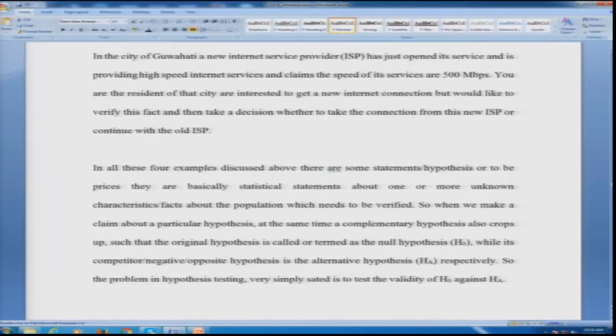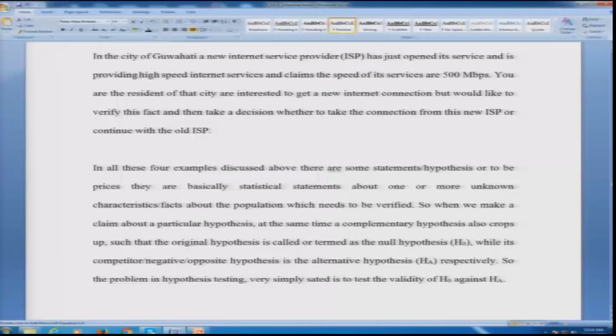When we make a claim about a particular hypothesis, at the same time a complementary hypothesis also crops up, which will be the other part. So, if you believe statement 1, the complementary statement would complete the whole scenario, meaning whatever different types of scenarios you can have.